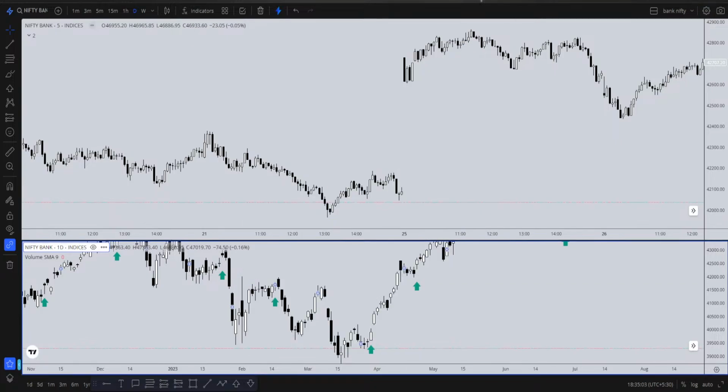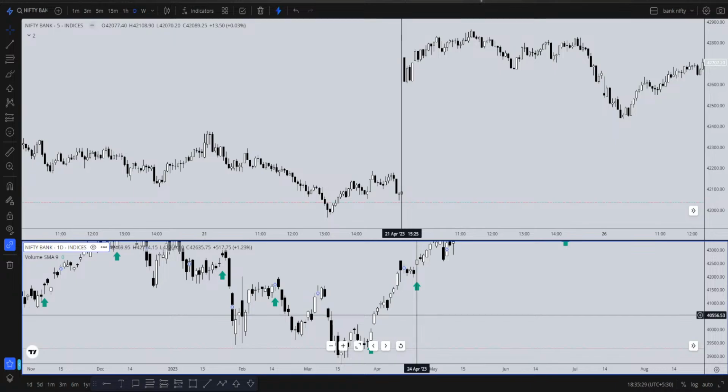Let me check once on another software. This is 24th April 23.